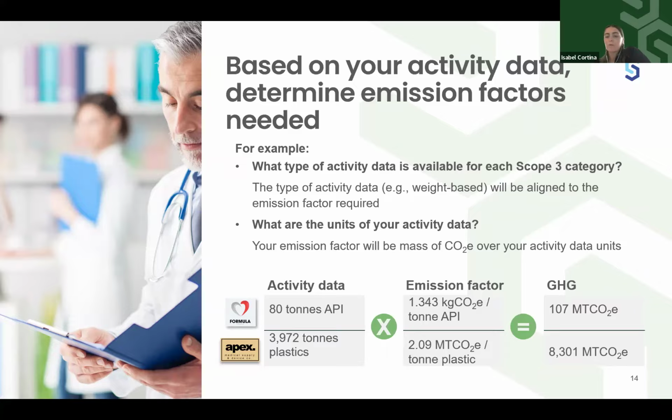This is what we will always be ending up with when calculating Scope 3 emissions. The type of activity data that you use will likely vary depending on the category, and so you'll apply different emission factors based on the Scope 3 category that you're calculating at that time.